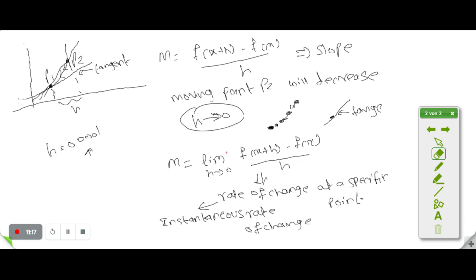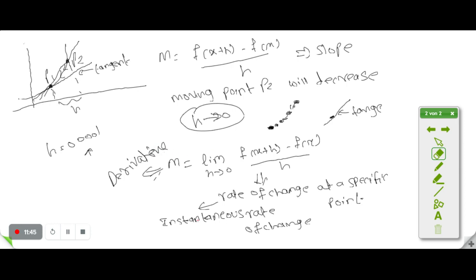By applying this limit, I'm calculating the approximate value of the slope at this point P1. So in short, I am finding the slope at this very specific point, or rather, the instantaneous rate of change at this very specific point, and this whole concept is called the derivative. This is the definition of the derivative, right?